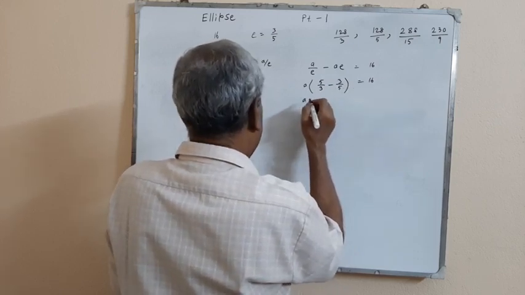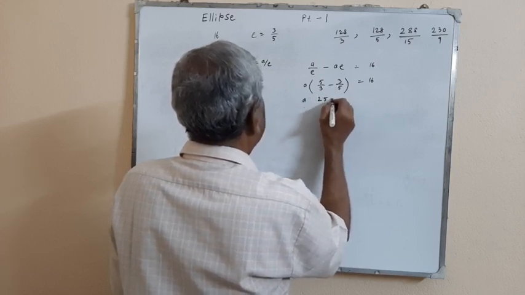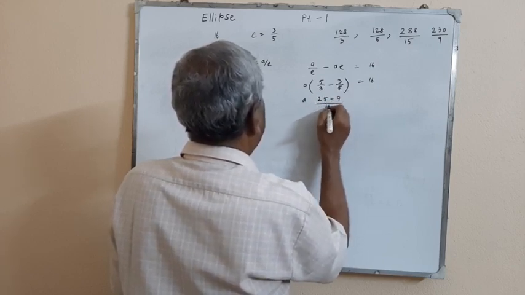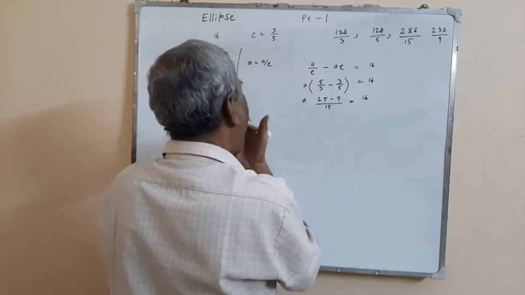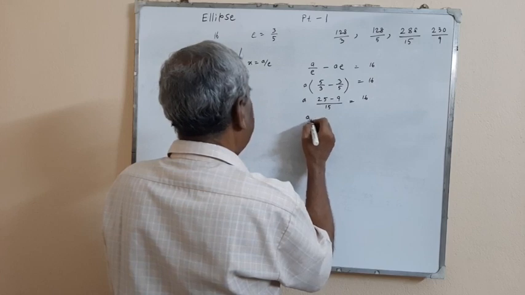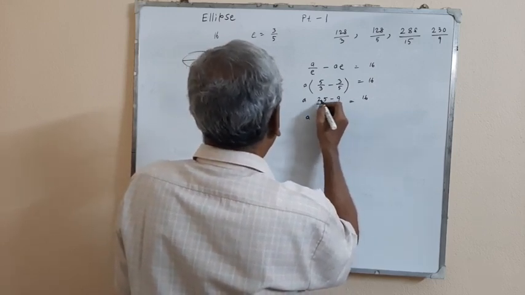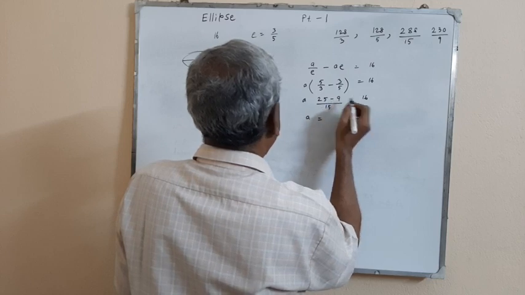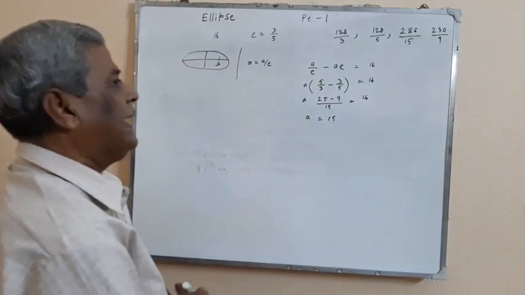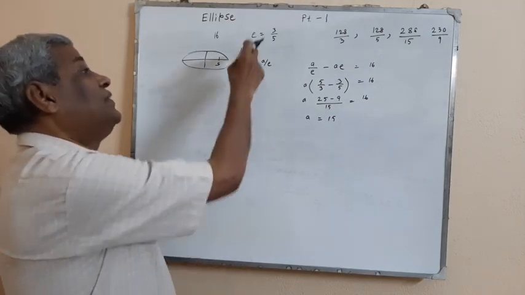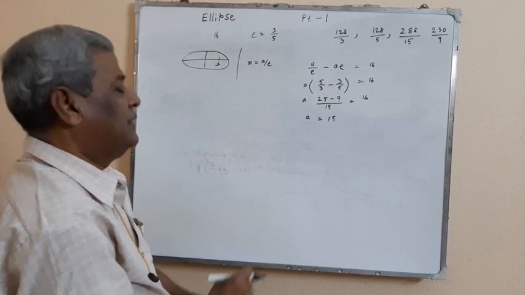So a into 25 minus 9 divided by 15 is equal to 16. This is actually 16 by 15, so a is equal to 15.